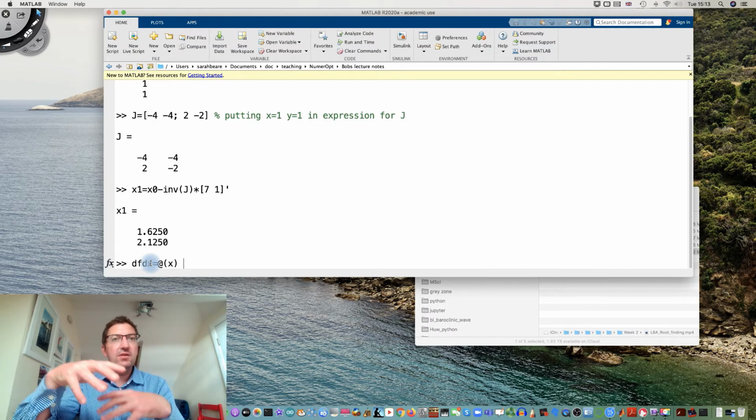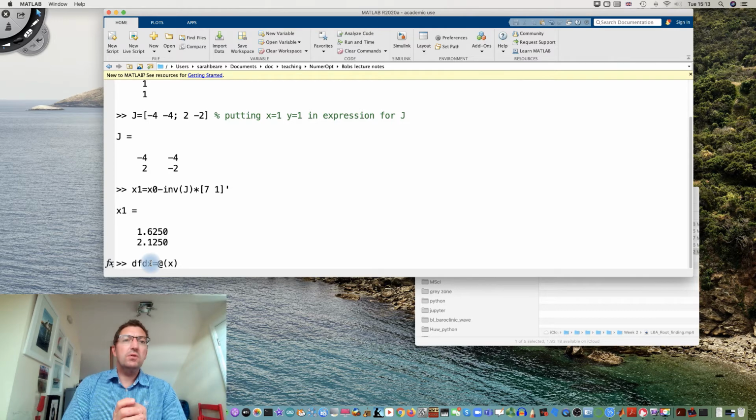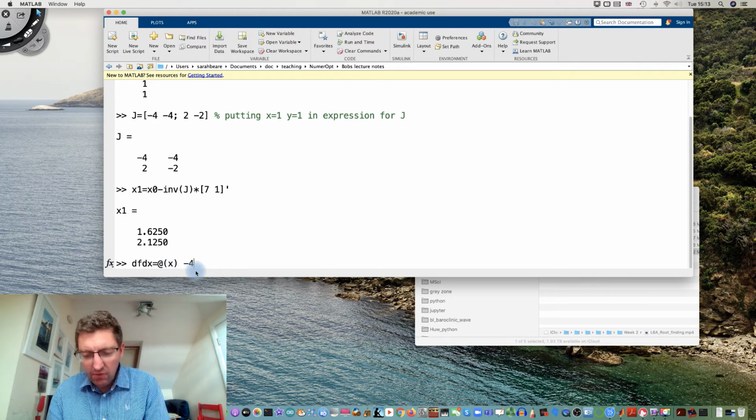You can have a separate file with your function that you want to call, or you can do it just in a single line. And this is called an anonymous function for that reason. Anonymous, I think, because it's not in a separate file. And the syntax for that is you put this at symbol and brackets around the dependent variable. Okay, and then you put your function, which is minus 4 times x cubed, in there.